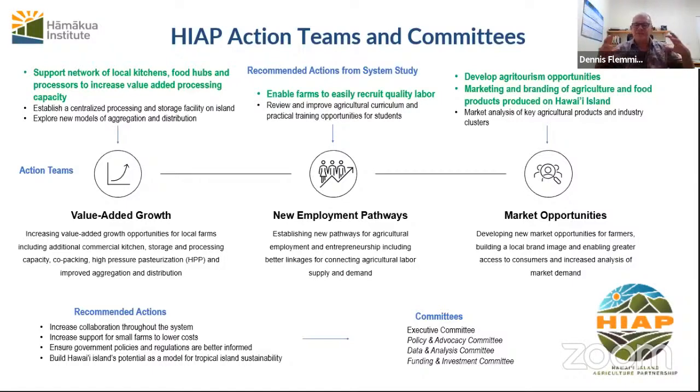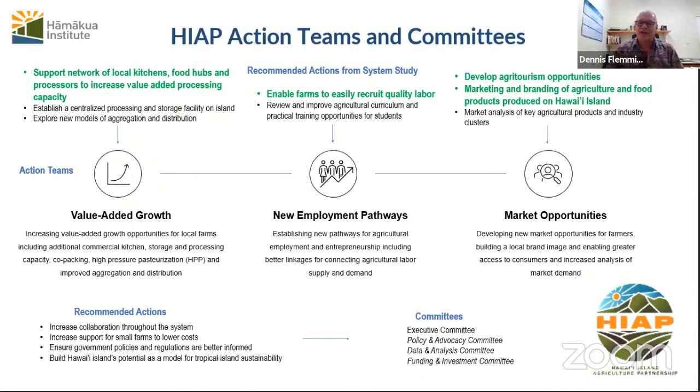The idea of taking this big system-wide look and looking at how we can fix that system together proved to be very timely, because the Economic Development Administration, the EDA, just came out with this Building Back Better regional challenge. It's a really big grant, $25 to $75 million. And what they were looking for in that grant, this whole system study just seemed to be very well suited for.